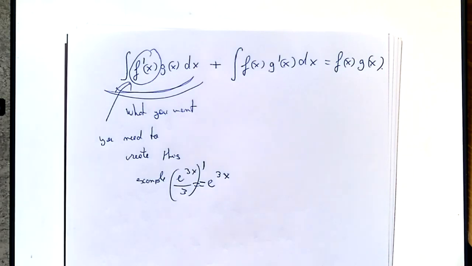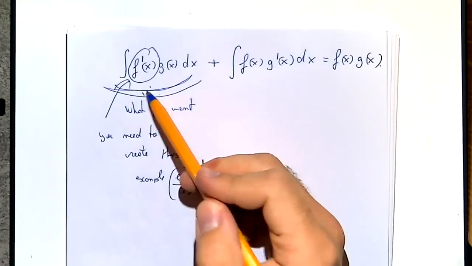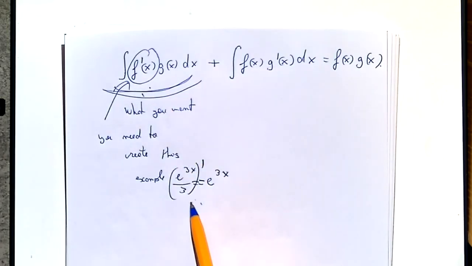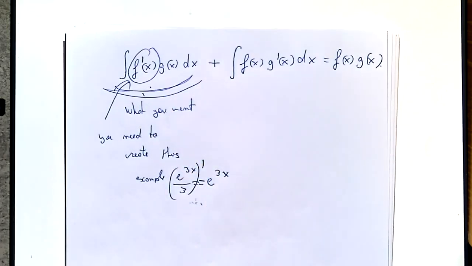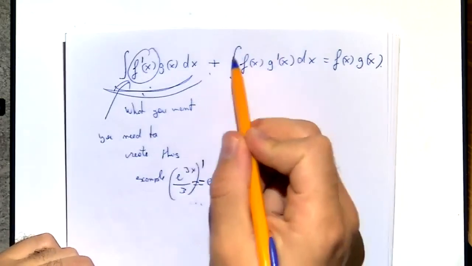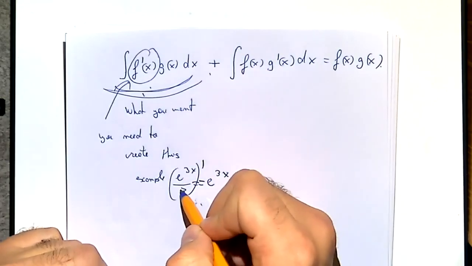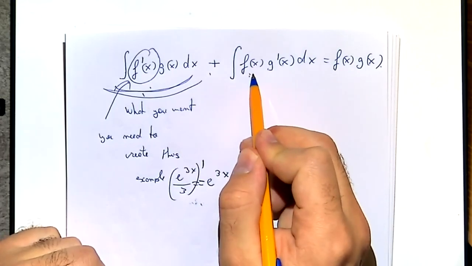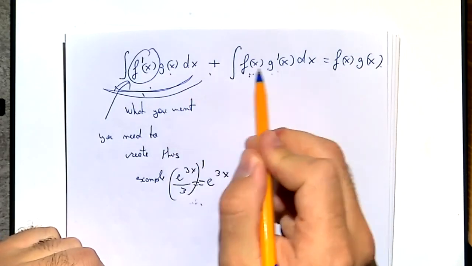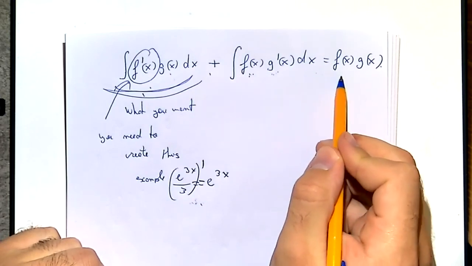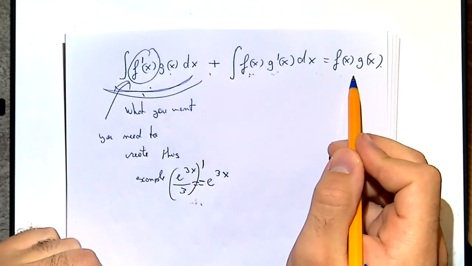So this is what you want, and I created this derivative. Good. Now I add to it the integral of my creation here with no derivative, but I take a derivative of the other guy, and this is equal to just their product.